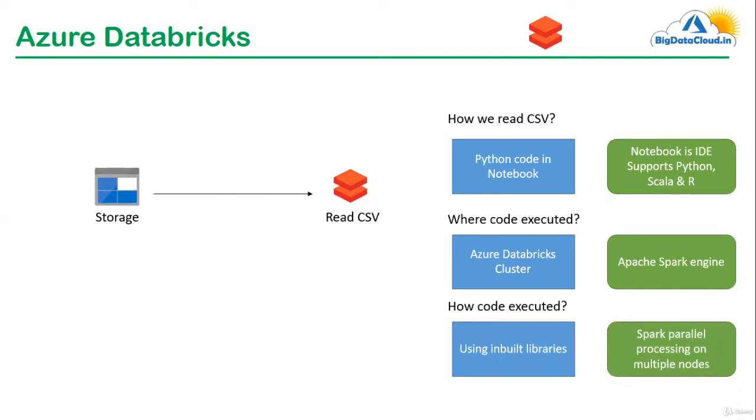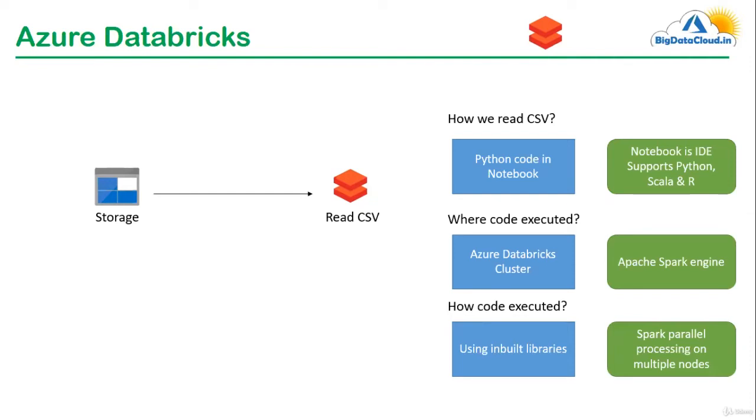And when we executed the code, how did it get executed? Using inbuilt libraries. We just specified spark.read.csv and it took care of connecting to the source, opening that file and reading data. So I took an example of a very small file. Spark is able to read a very big file, which has a size of GBs, terabytes, petabytes.